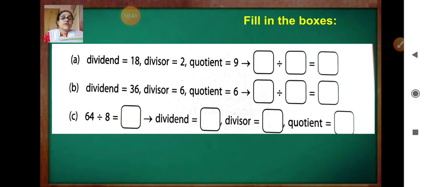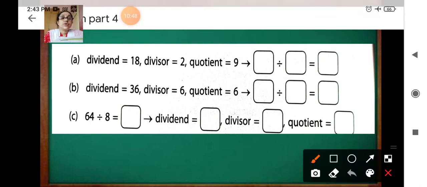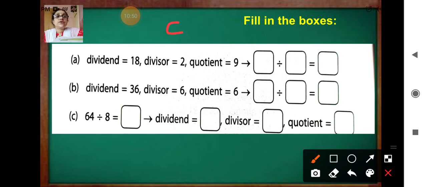Now fill in the boxes. What is written? Question A, do it as your classwork. Finish with me. Question A, dividend equals 18, divisor equals 2, quotient equals 9.